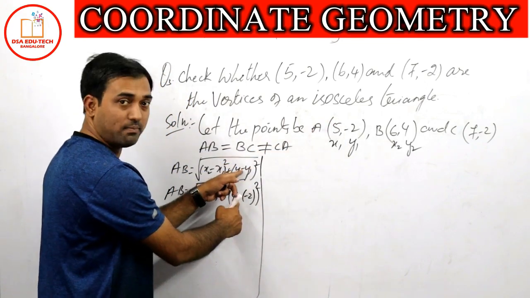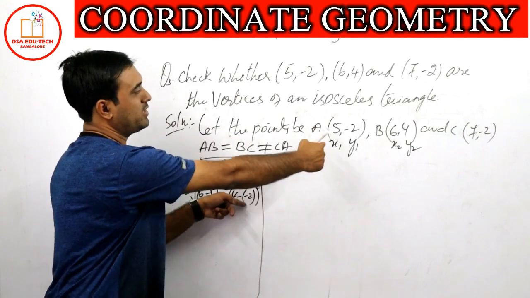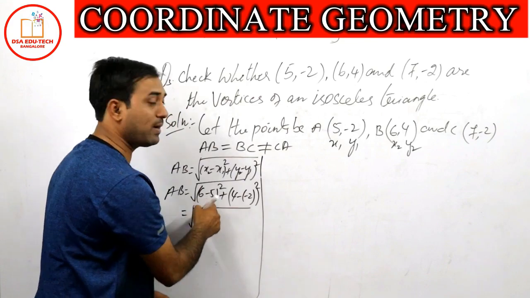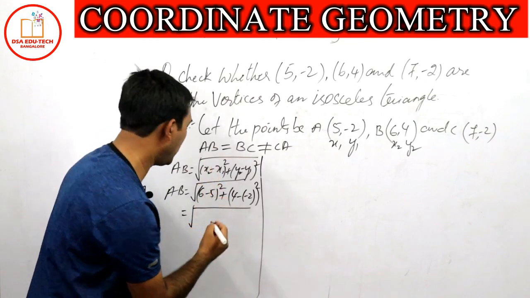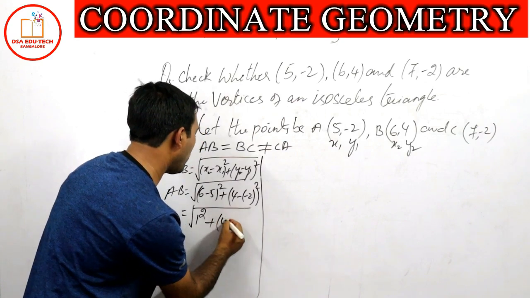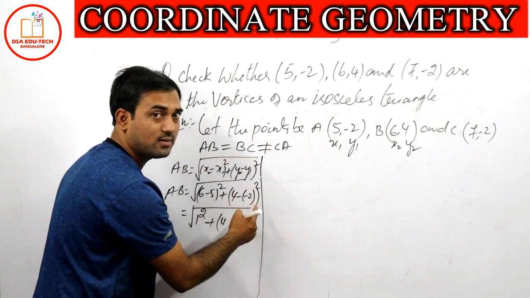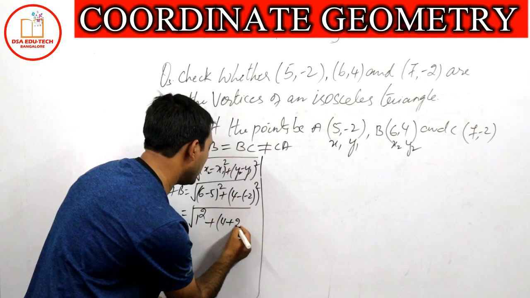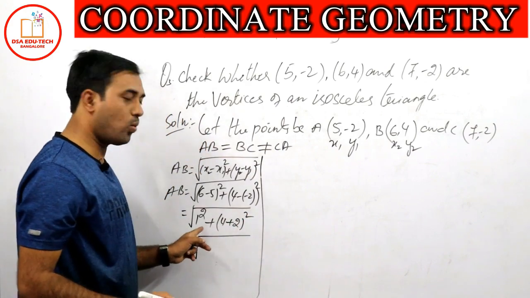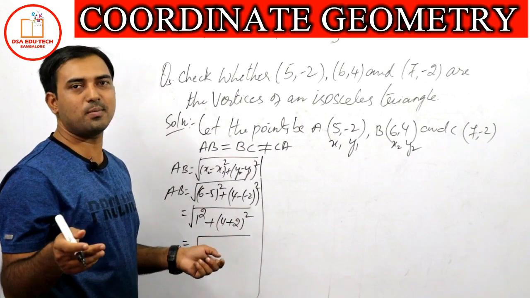This minus is from the formula, and this minus 2 is the y1 value. Now 6 minus 5 is 1. So 1 square plus 4, minus into minus is plus, so plus 2 whole square. Now 1 square is nothing but 1 only.